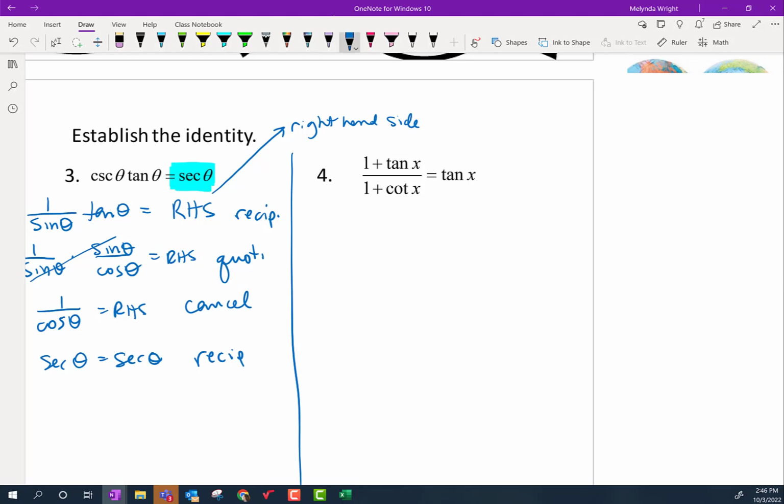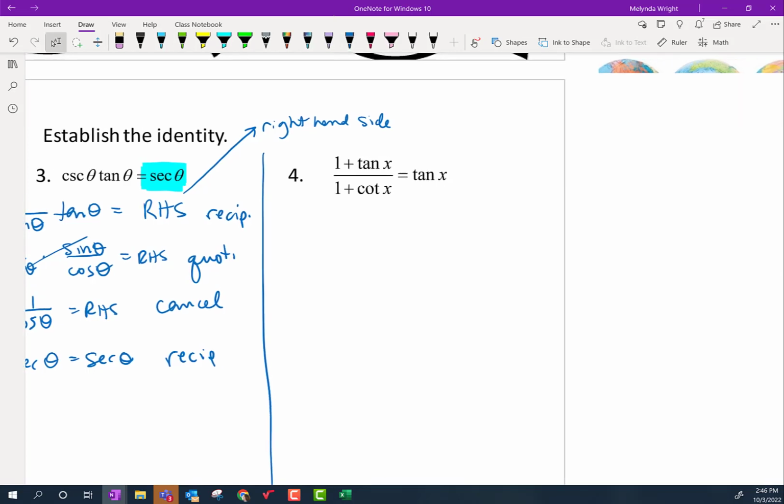In order to get rid of the fraction, one thing that I can try is to multiply by the conjugate of the denominator over itself, a clever form of 1. So that's what I'm going to do. I'm going to copy down the numerator and the denominator.